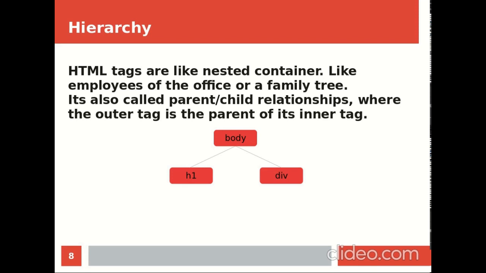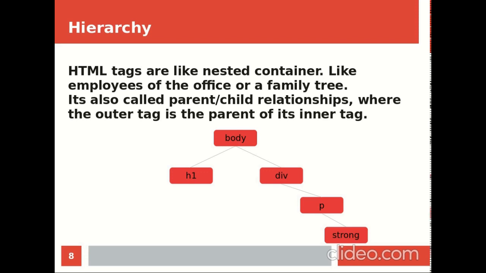They are siblings because they have the same parent. Now we have this P, paragraph tag. This is the child of div. So div is the parent of P and body is the grandparent of P.